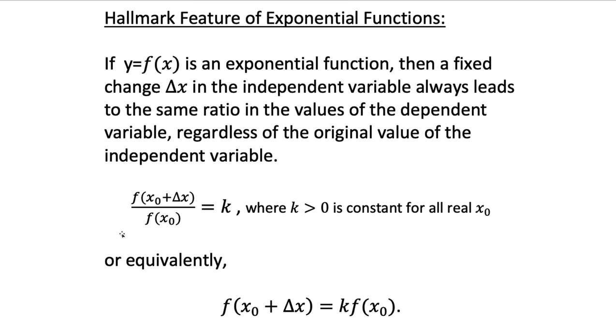In other words, I'm not taking differences here, I'm taking ratios. f of x naught plus delta x divided by f of x naught is always some factor k. k is greater than 0 and constant for all real x naught, okay? Or equivalently, I wrote it this way: the function evaluated at x naught plus delta x is k times the function at the original value x naught. And again, this holds for all real x naught.